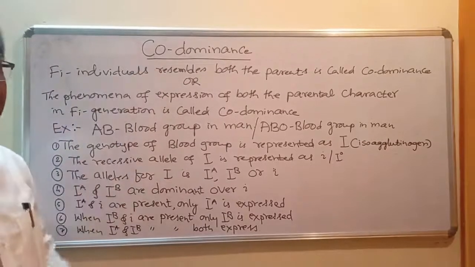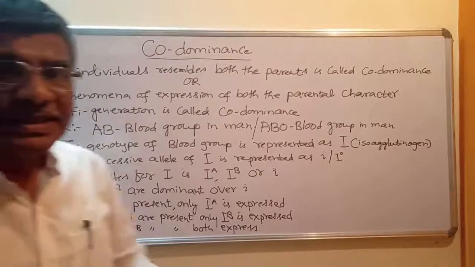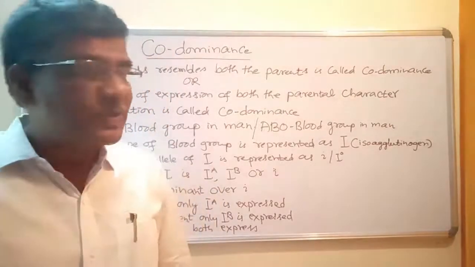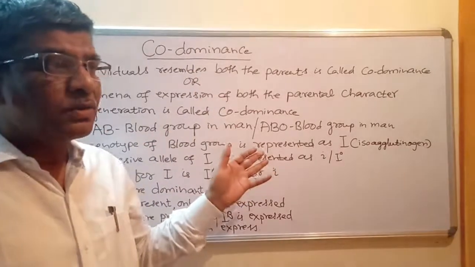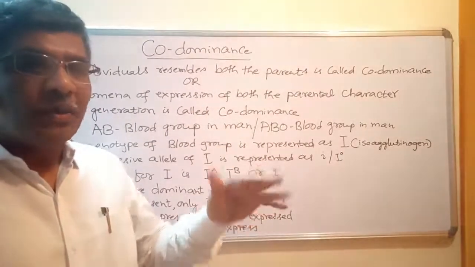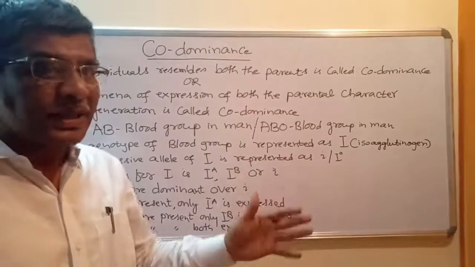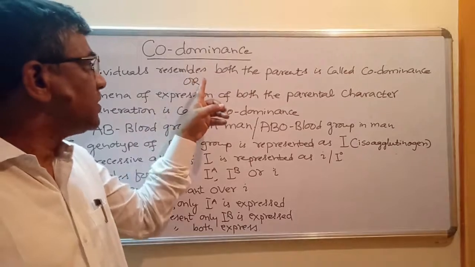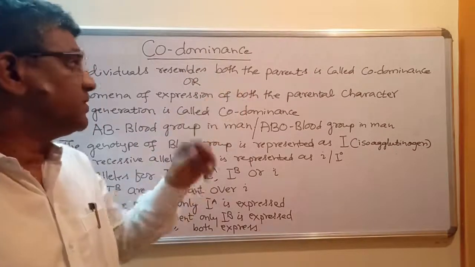So the next concept in genetics is codominance. Codominance is also another deviation from Mendel's principle. Let us go back a little. In incomplete dominance, the dominant gene fails to suppress the recessive gene completely. But in this case, in the heterozygous condition, both the alleles are expressed in the F1 generation.